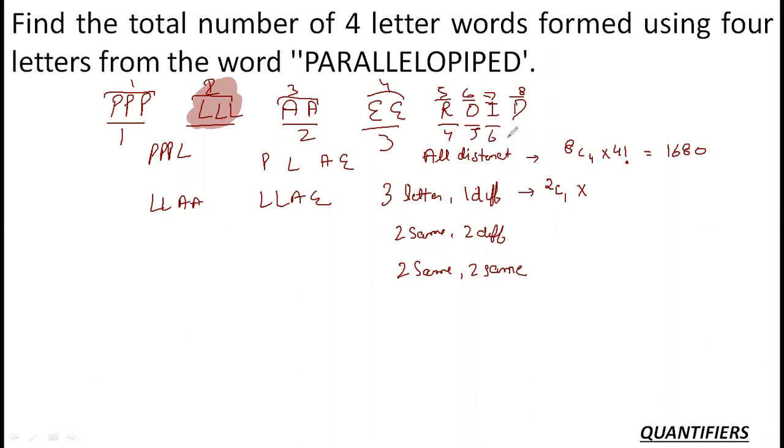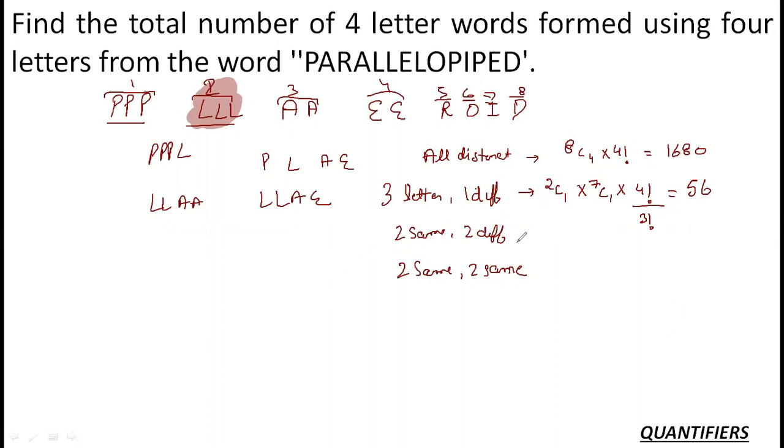Out of these 7, any one alphabet can be taken. Again, PPP was not chosen, but one alphabet can be chosen from there, no? That is why 2C1 into 7C1 from the rest. Now I have got my 4 letters. These 4 letters can be arranged in 4 factorial ways, but I will divide by repetition. These 3 alphabets will be getting repeated, whichever pair is selected. So basically, this is my required answer for this part, that is nothing but 56, 4 into 7 into 2.